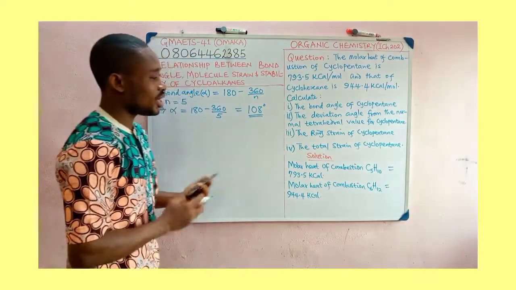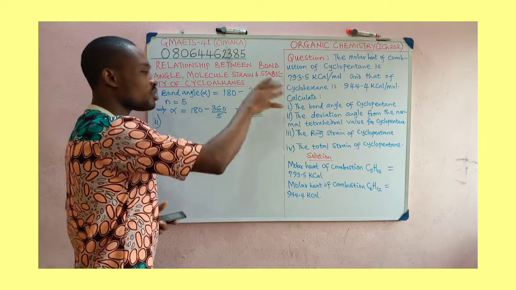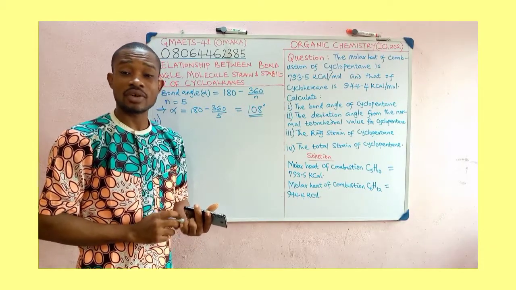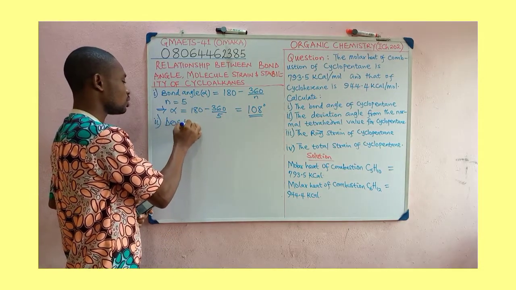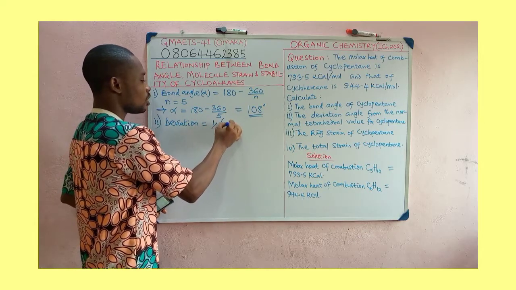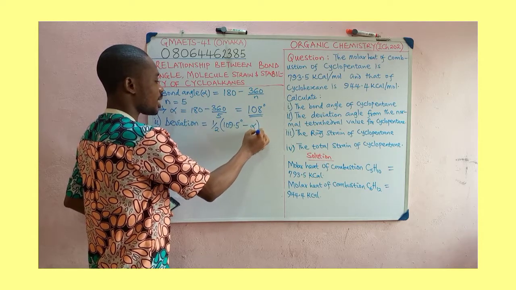Let us now calculate the deviation angle, that is the deviation of this value from the normal tetrahedral value of 109.5 degrees. You would recall the formula for the deviation angle is 1/2 of 109.5 degrees minus the bond angle.